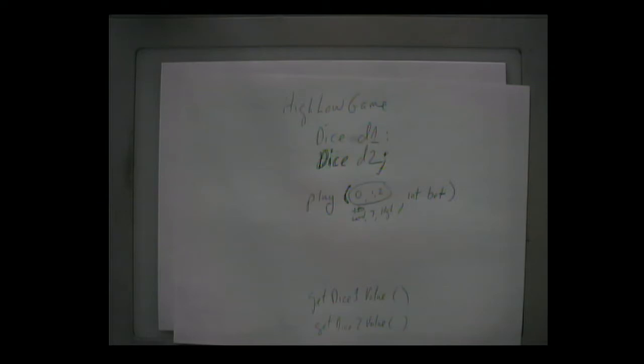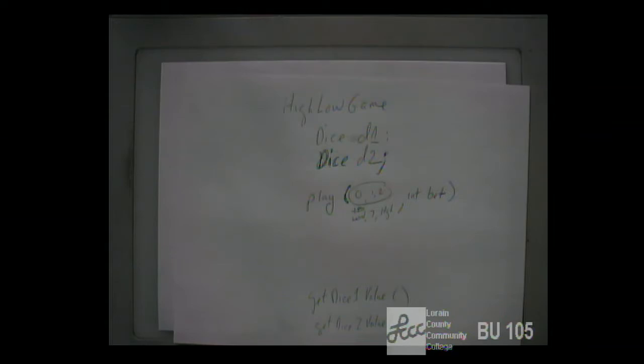And int is the bet. Okay. So, how do you play the game? It's the first thing you do. You got the choice. So I have in here that I'm betting $1 and I have chosen low. So how do you play the game then?